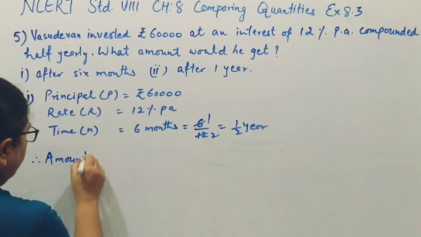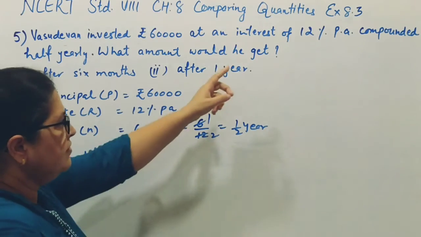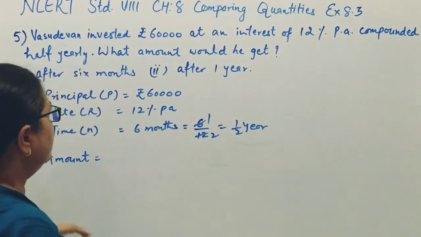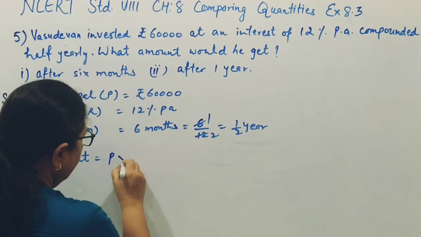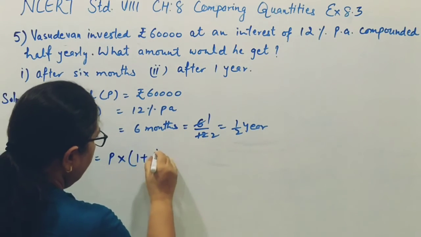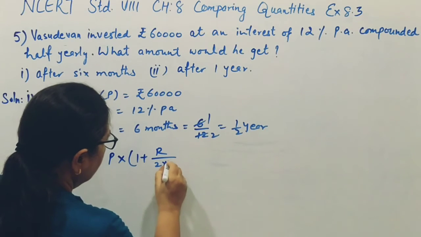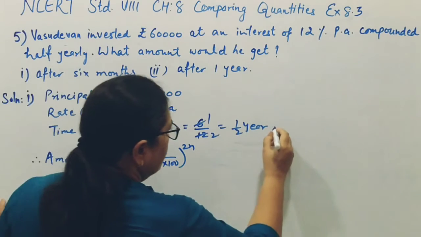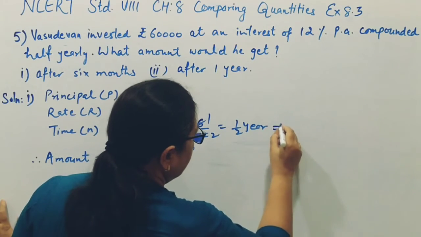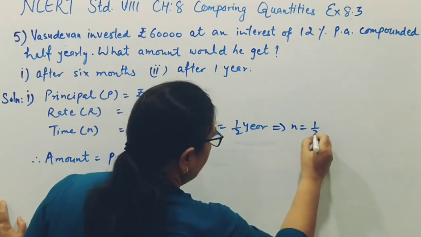Therefore, amount, since interest is compounded half yearly, the formula for amount is P into 1 plus R upon 2 into 100 raised to power 2n. Here n is equal to 1/2.